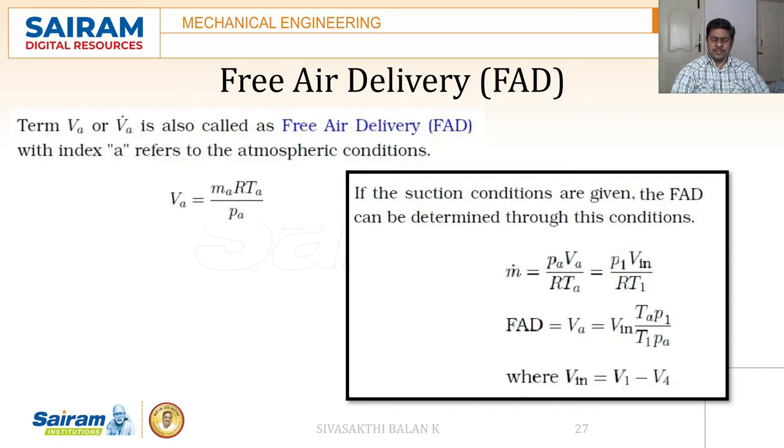From these two being equal, by rearranging the terms we finally get VA equal to V induced into TA by T1 multiplied by P1 by PA, where V induced is equal to the difference between V1 and V4. So overall, free air delivery is V1 minus V4 multiplied by TA by T1 multiplied by P1 by PA.